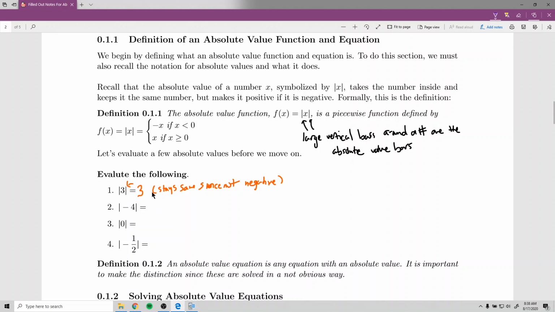And the second one, the absolute value of negative 4, since it's negative, if we go by the formula, which is how I'll do it the first time, we put a negative on the number. So it's saying negative x. The absolute value of x equals negative x. But a double negative makes a plus, and that equals 4.